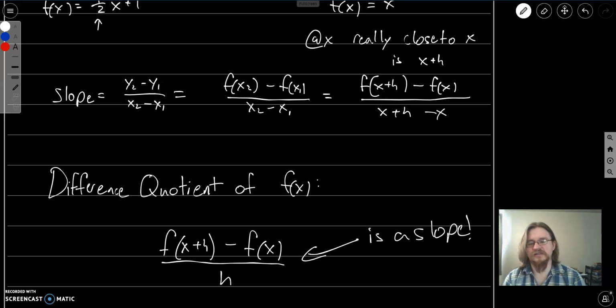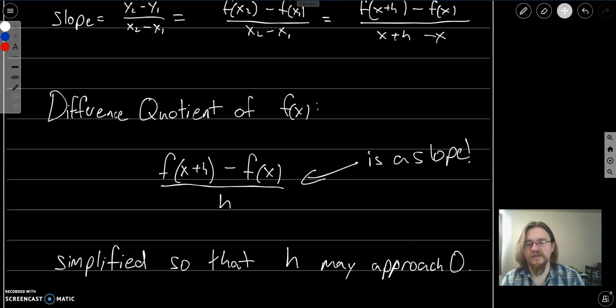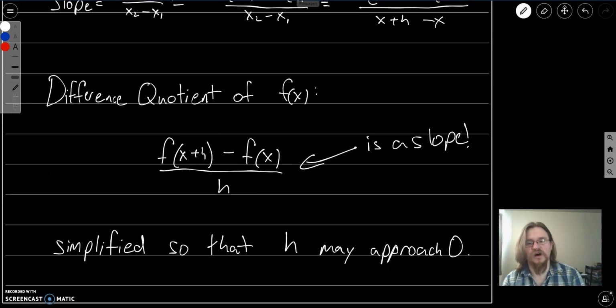So again, this is the height of a function. So this is y2 minus y1 over x2 minus x1. But the x2 minus x1, the x's will cancel and we're just left with h. There is one final caveat. We always want to simplify this so that h may approach 0. Essentially, we want to consider what happens when h is very small.